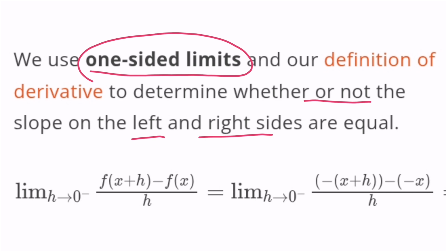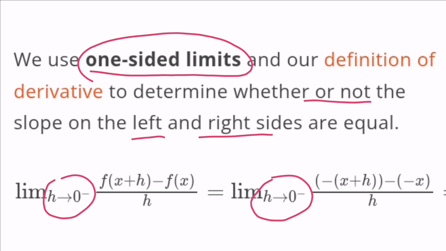So first we have to check from the negative side. Limit h tends to 0 through the negative side of f(x+h) minus f(x) divided by h is equal to limit h tends to 0 through the negative side.